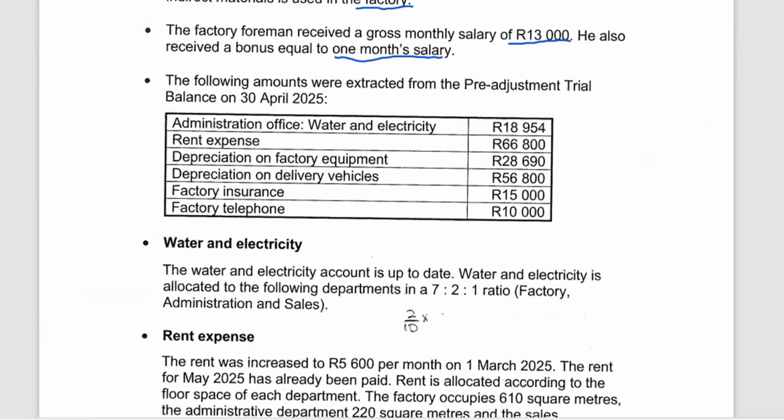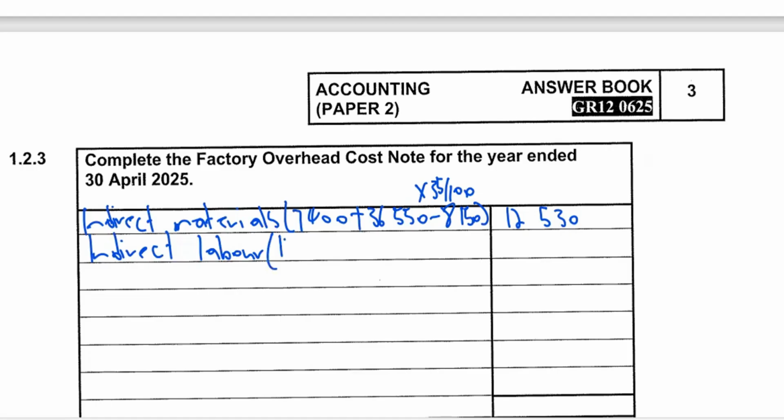So we're going to say 13,000 multiplied by 12 plus another month of the bonus, which is 13 months. Remember, we pay our factory foreman for 12 months, but now they receive also another payment. So we paid 13,000 for 13 months, which is 169,000.